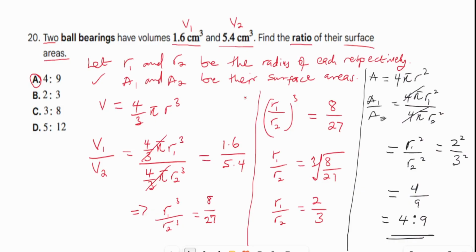There are some other ways we can solve this problem. Someone, after doing the volumes and getting the R1 and R2, can just say that the ratio of the volumes of two objects will be the same as the ratio of the cubic radii of the two objects.